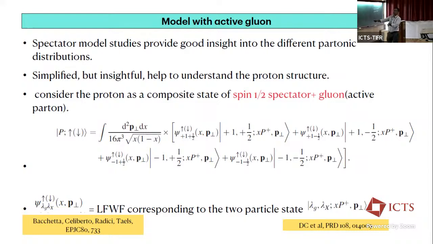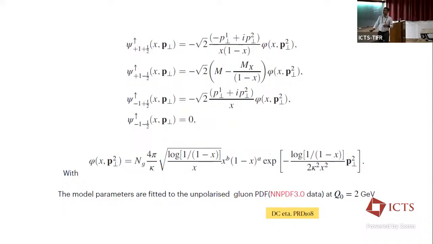So this model was first proposed by Vekata and their group. But here what we actually do is that we construct this wave function from some AdS/QCD predictions. So we modify those AdS/QCD predictions, and here, one of a few wave functions is written.